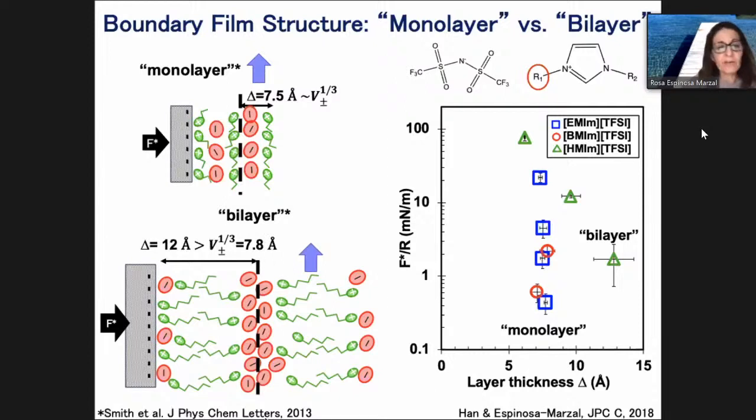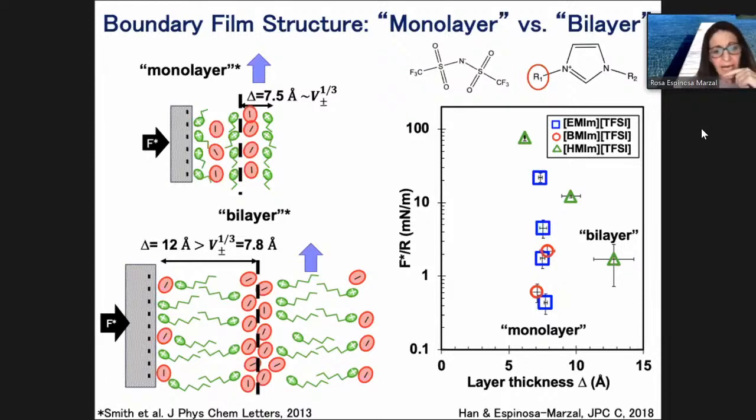Following the work by Susan Perkin, we also presume that what we have here is cation bilayers, so the cations self-assemble due to solvophobic interactions, and then we have anions intercalated again to preserve electroneutrality, and this explains why these layers are much larger than for EMIM and BMIM.